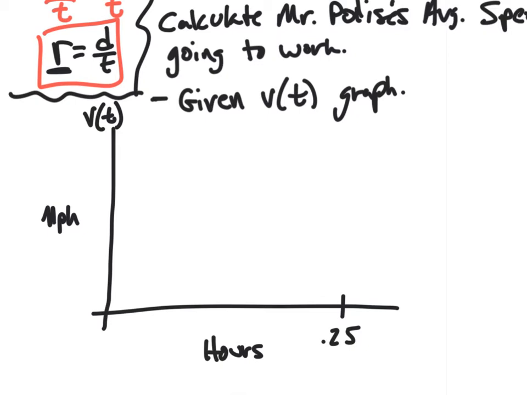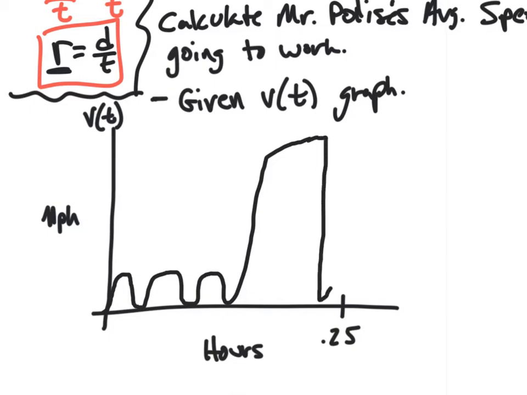But if you're given a velocity function on me going to work, it's a little bit different. My velocity function means that I reach a certain velocity and then I stop, and then I reach a certain velocity and then I stop, reach a certain velocity and stop. Then I get on the highway and I'm going for a long time on the highway at a certain velocity, and then I slow down and slow down and get to work, okay?